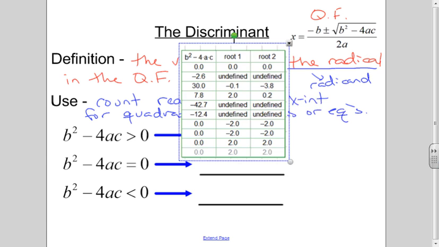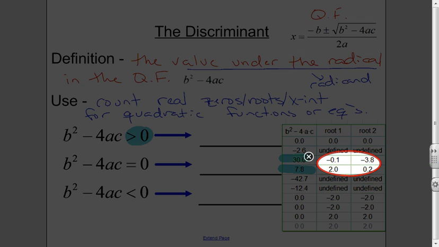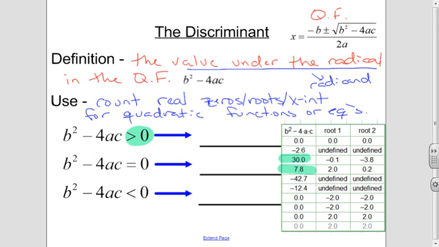Okay, now, if you notice here, I'll do a little highlighting and erasing. B squared minus 4AC is greater than 0. Well, that would be here, here, and we see that when we have these two examples of discriminant values that are greater than 0 or positive, you in fact get two roots in both those instances. Okay, so just take that out for a second and say that we are in fact going to get two real roots.